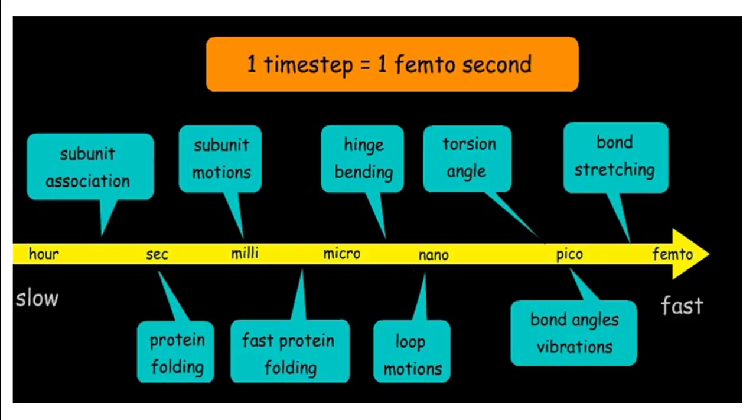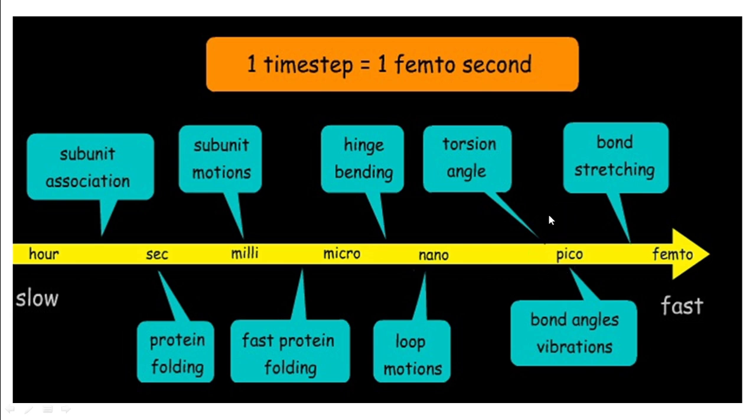So how to determine what will be the suitable time step? You see, these are the different time scales. For protein subunit association and protein folding, it takes time in seconds. For subunit motion it's milliseconds, for fast protein folding it may be in microseconds, and for loop motion or torsional angle motion it's actually at the picosecond level.